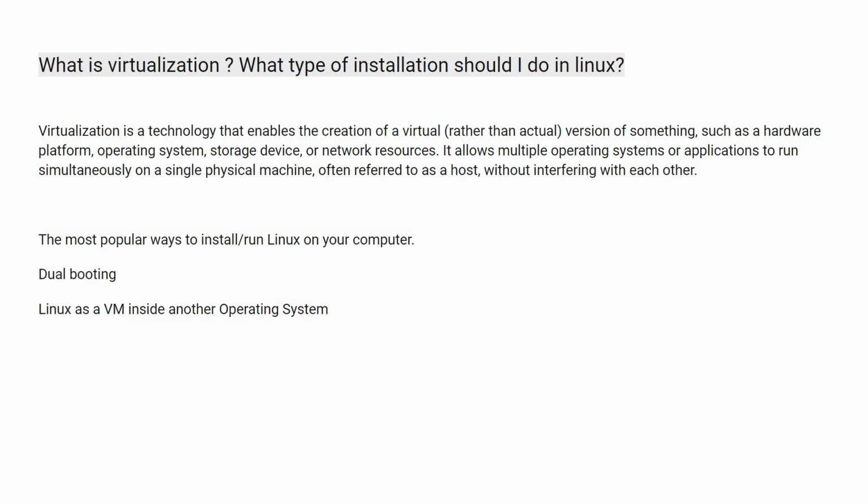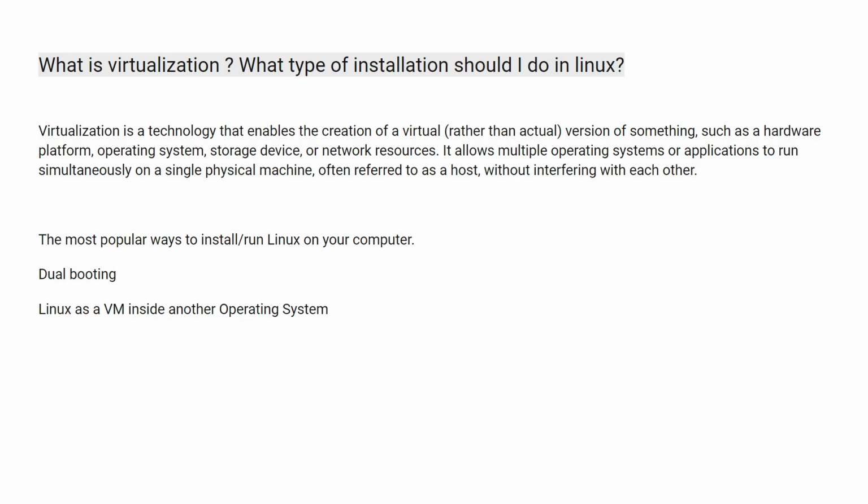The most popular way to run Linux on your computer is dual booting. I mean, you can use both Windows and Linux. When you turn on your PC, it will ask you which operating system you want to go to. If you select Ubuntu, it will move to Ubuntu OS.